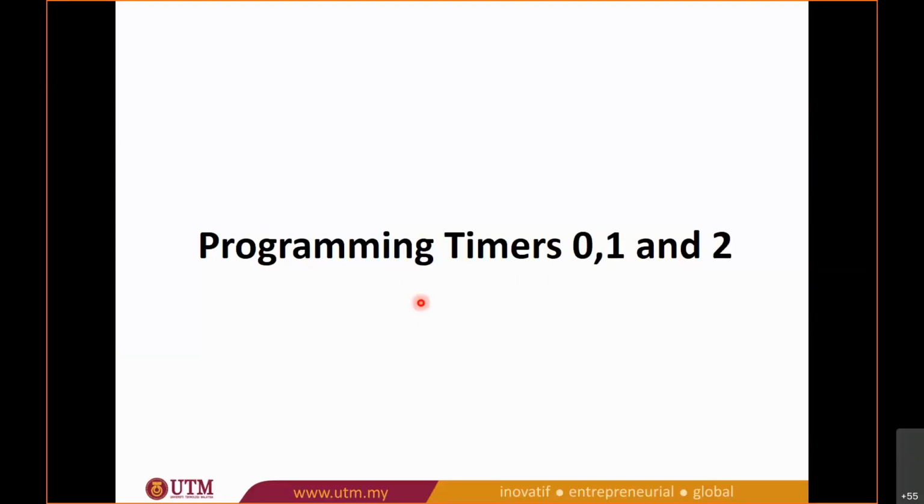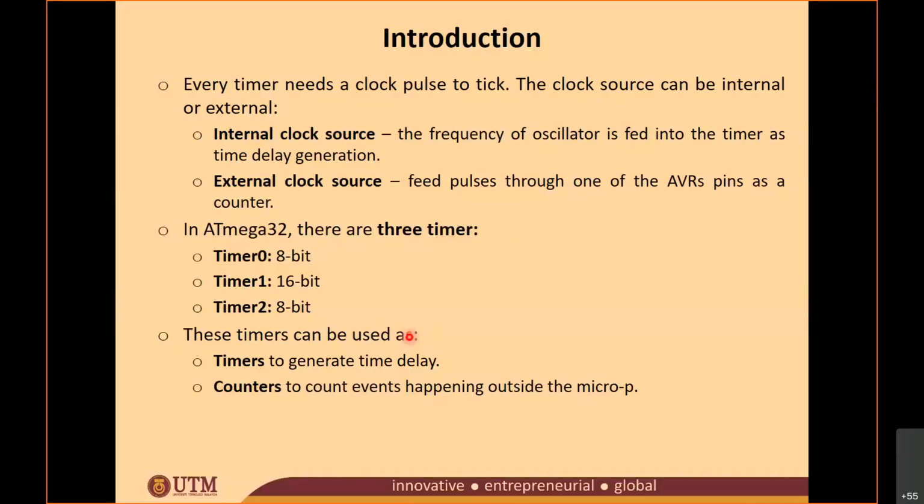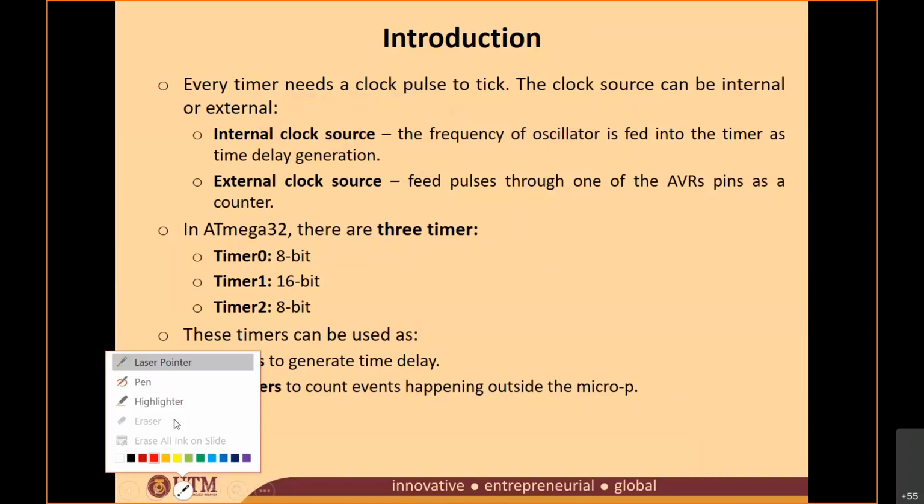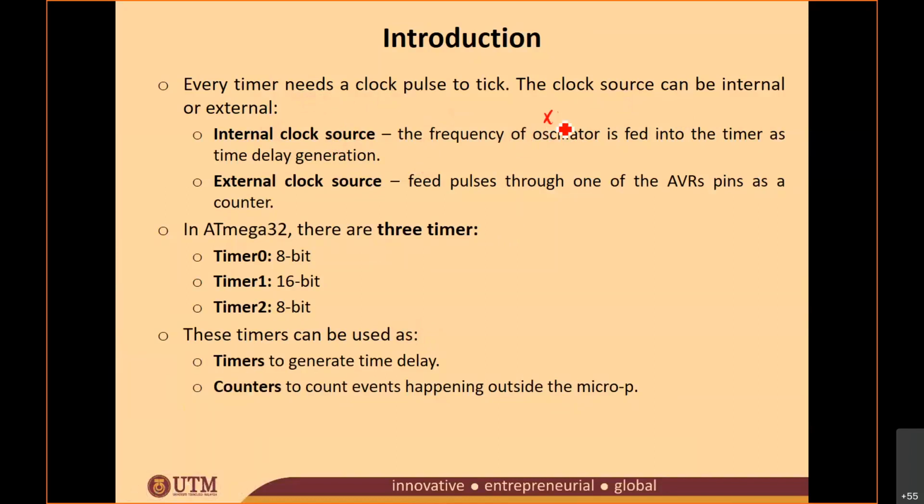Okay, next we are going to see the programming by using timer 0, 1, and 2. Let's look at the instruction first. Every timer needs a clock pulse to tick. The clock source can be internal or external. The internal clock source comes from the frequency of the oscillator, your oscillator or crystal, or the microprocessor speed.